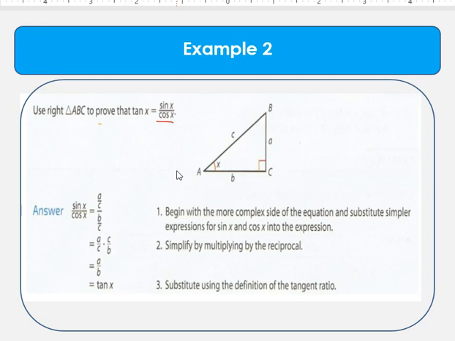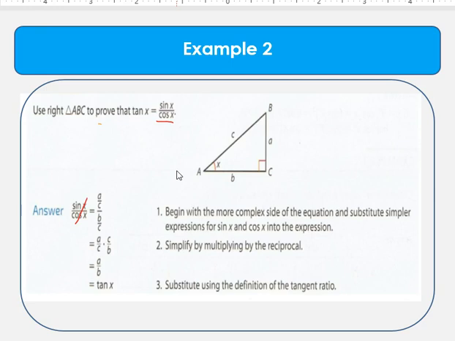So we begin with the more complex side of the equation and substitute simpler expressions for sine x and cosine x. We know that sine x is opposite over hypotenuse, a over c. So let's substitute that. Sine x becomes a over c, and cosine x becomes b over c. We can now cross this part out because it equals this expression.